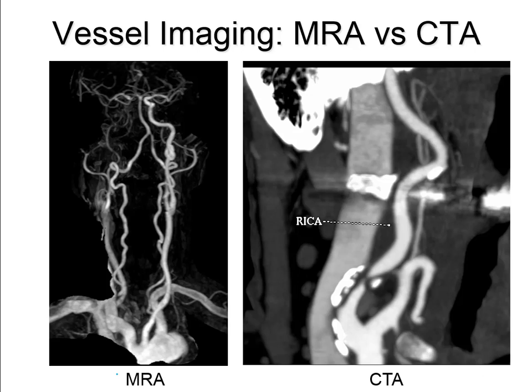You can see comparable levels of detail in all of these. So if you look here, this is a CT angiogram. Where do you see an abnormality? Does it all look good? Where's the problem? High, low. Low.